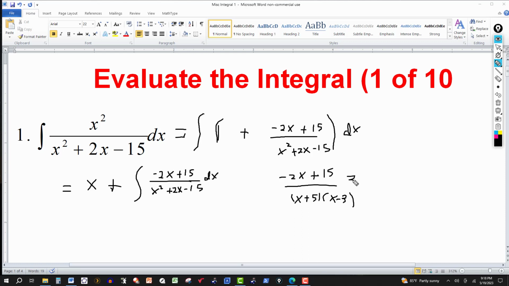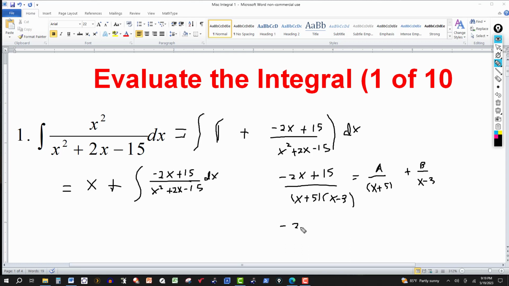And since we have distinct linear factors, using partial fraction decomposition, this would break down into some constant a over the first factor x plus 5, plus another constant b over the factor x minus 3. And if we had another distinct factor, then we'd have another fraction, plus c over that factor. And then here we just go ahead and multiply through.